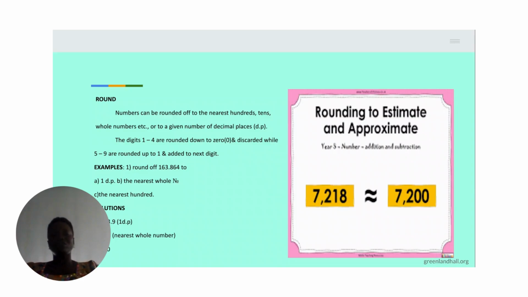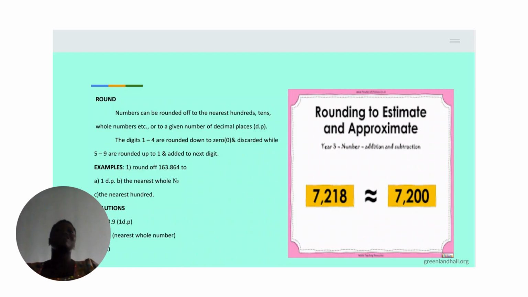Now, the A, you have to round the digits given to you to one decimal place. What they're asking you to do here is, after the decimal point, we need just one digit. It's not possible to just cut off the numbers at the back. We have 163.864. That means after the point we need just one number, which is 8. But we can't just write 8.